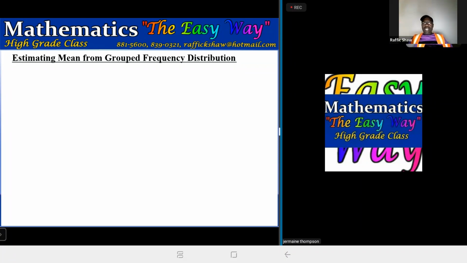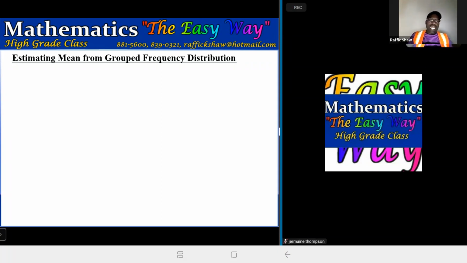And the method that you use for the various statistical averages and measures of spread depends on the type of data that you have. With some of the data, you can calculate exact values, and some of it you have to estimate.